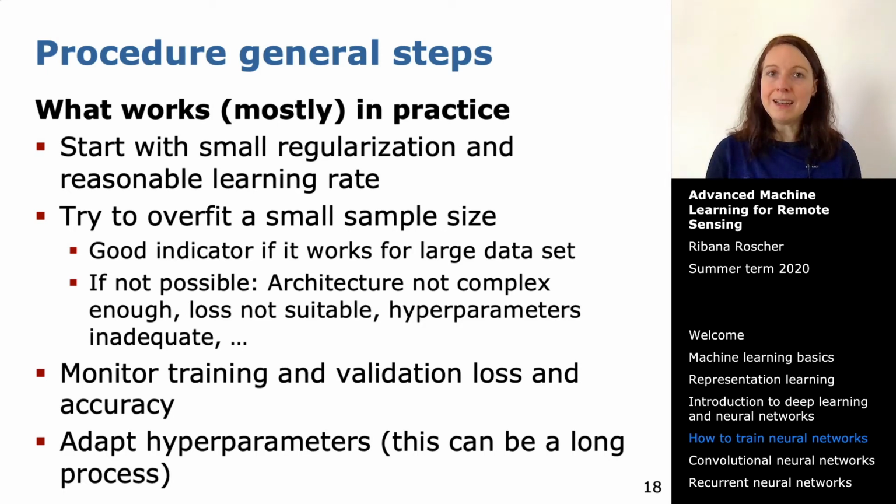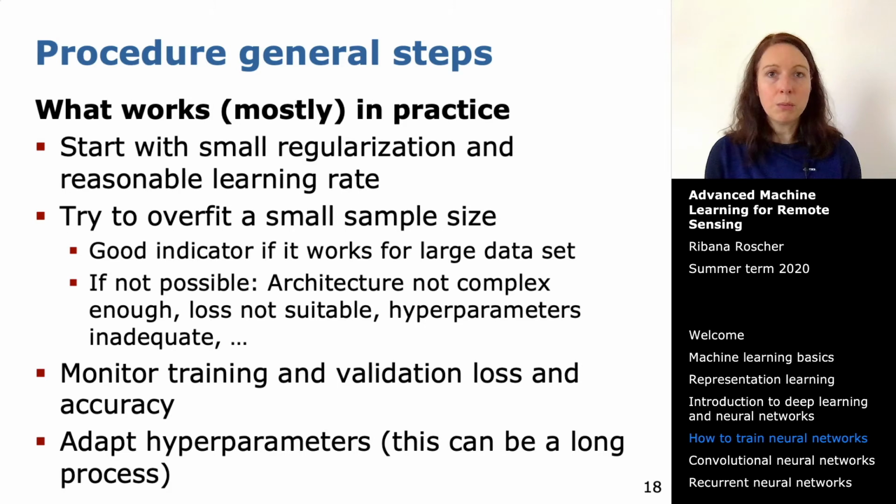It should be easy to overfit a network when you do not have a lot of data. What I mean by a lot of data is judged by the number of parameters you have in your network and the number of labeled samples. If the number of labeled samples is much lower than the number of parameters, you should be able to overfit the network.